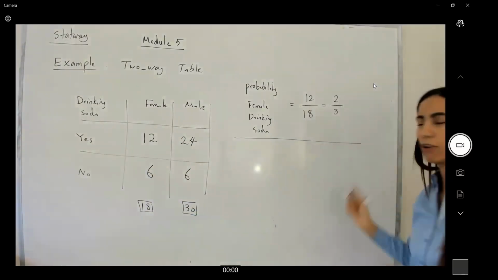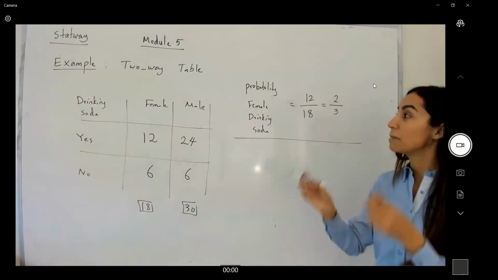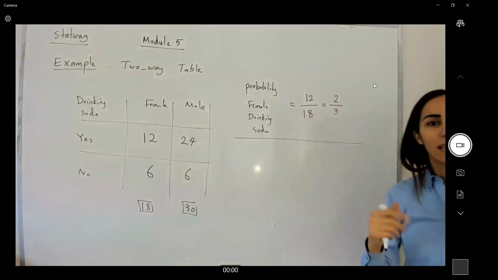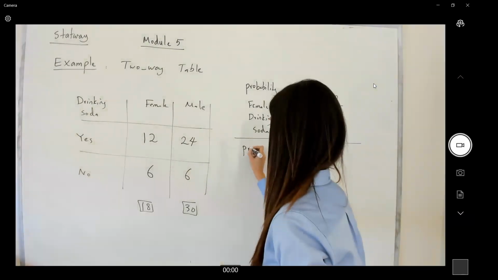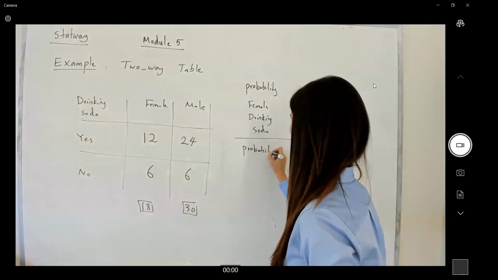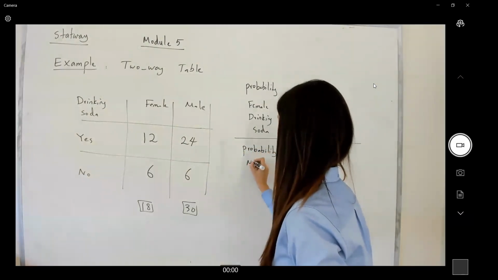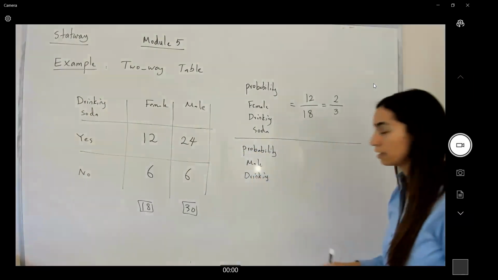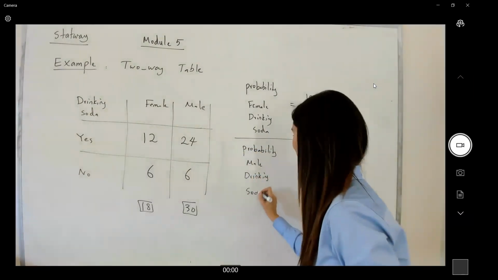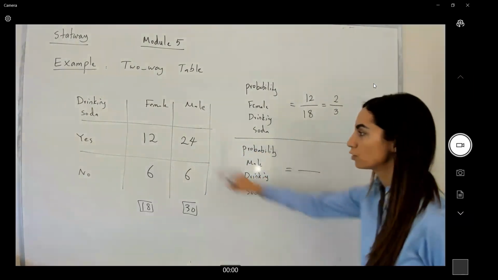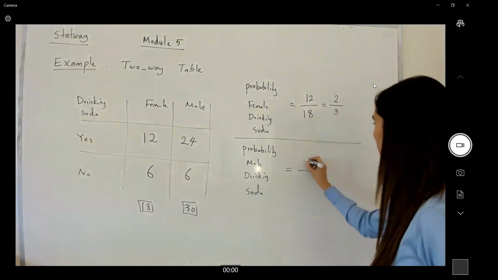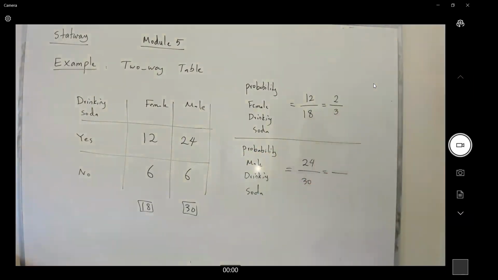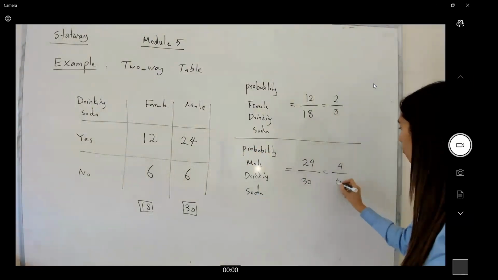If the question says, what is the probability that a male drinks soda on daily basis? Probability that a male that you randomly selected drinking soda on a daily basis is going to be 24 out of 30, which is 4/5.